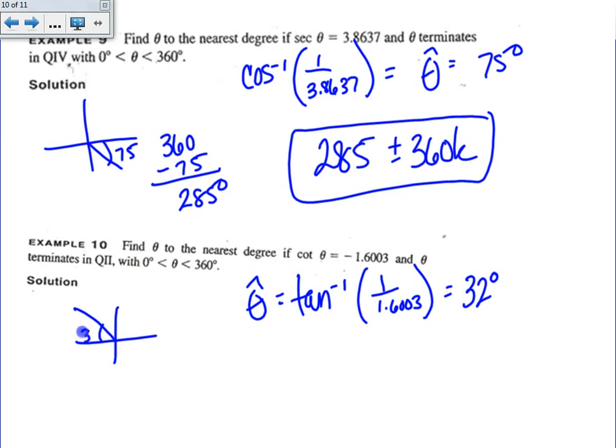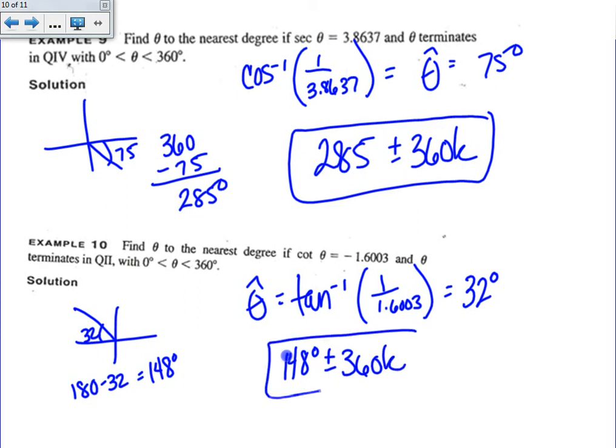So if this is a 32 degree reference angle, that means we're going to back up 32 degrees from 180, and that gives us 148 degrees. And then I just panicked because my key was wrong. So 148 degrees, that sounds right, yep. So remember, it is negative in that quadrant, and we want all the solutions. So it's 148 degrees, and we're going to add and subtract groups of 360.